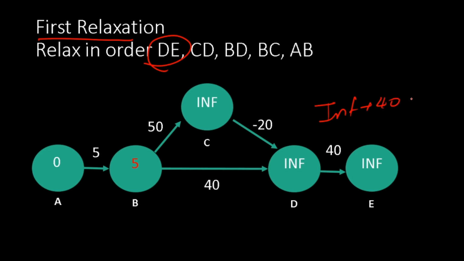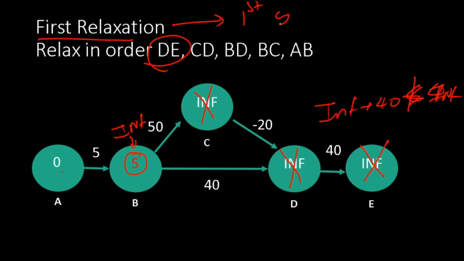Infinity plus 40 is not less than infinity. Okay, so nothing happens here. Similarly, nothing happens here. Likewise, for BD also nothing happens. This also no change. Only propagation that happens is from A to B, which is 5. So infinity gets rewritten to 5. That's the only propagation that happens in the first cycle.